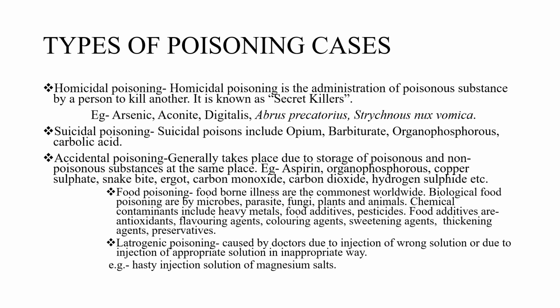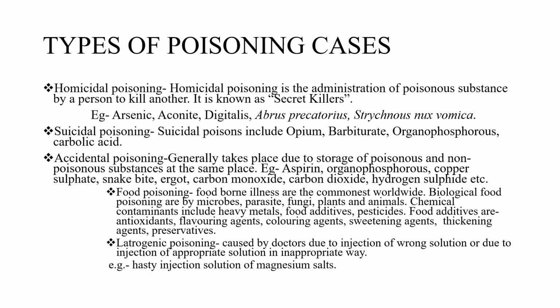It may be intradermal and was injected in some other way, or the way of administration was wrong, or through a damaged needle, and then due to that needle or the process or the wrong solution, the person gets poisoned. This type of poisoning case is referred to as iatrogenic poisoning.